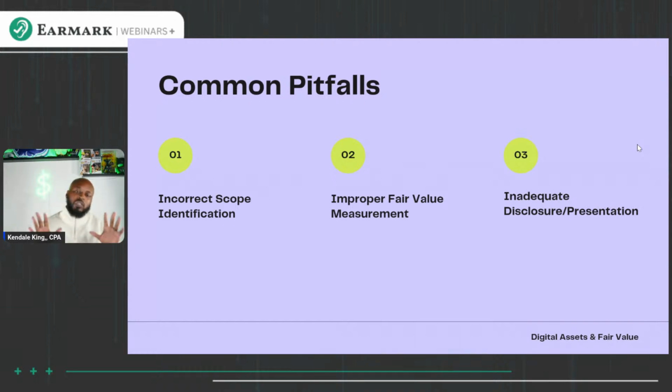Another pitfall that I haven't put on here, but I would be remiss not to mention, is just not having the proper controls in place. I think that specifically a lot of the crypto companies that have come up, a lot of them are startups, when you think about it, right? A lot of them started within the last 5 years and are still building up. And it's a different scenario, because a lot of these companies have been getting millions and billions of dollars, or billions valuation, I should say.